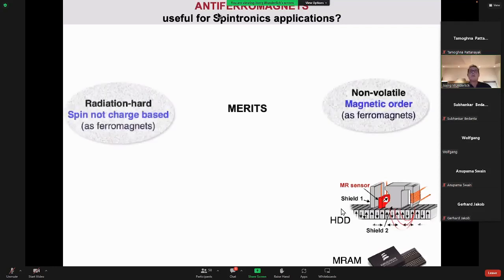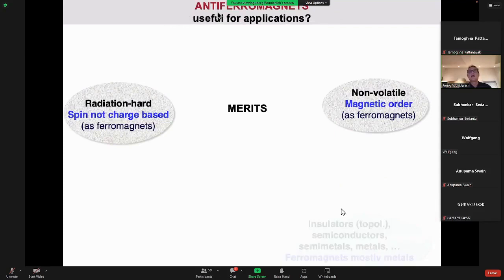Well, first of all, at first glance, they seem to be useful because they join two very similar properties of ferromagnets. They have a magnetic order as ferromagnets, which is in a sense non-volatile because this order is based on the atomic magnetic moment, or on the spin of the electrons, if you want. And it's not charge-based. That's why it's also relatively robust against, for example, high energetic radiation.